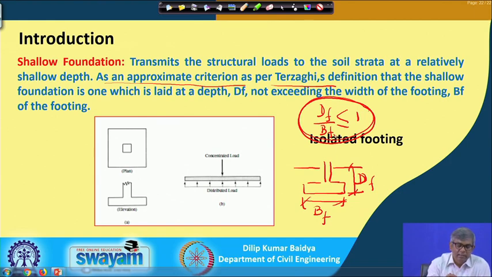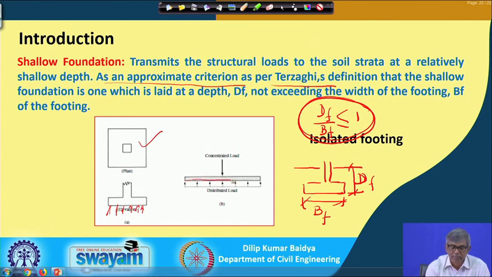And you can see that this is the isolated footing; this is the plan view, this is the elevation, that means this is a footing and this is the column. When you do the analysis, below the footing there will be earth pressure, there will be pressure given by the soil. Because of the load in the column, the soil will resist that load, and that pressure will be there. For analysis purposes, we can take this foundation like this, with point one and point two.